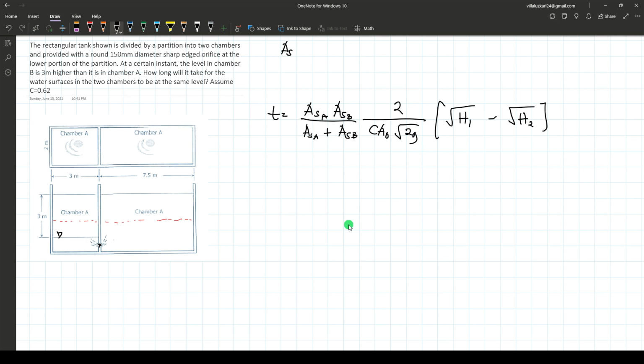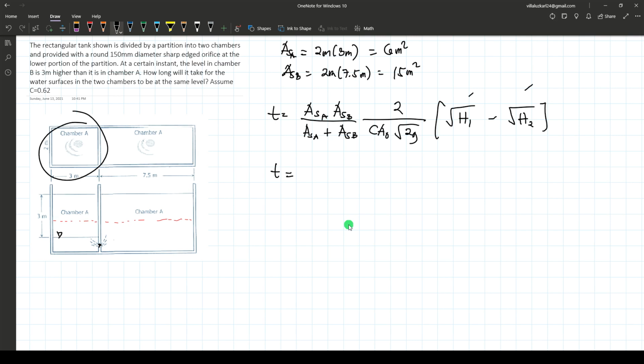So what are the surface areas? They are rectangular in shape. Surface area at A, the dimensions are 2 by 3, so 6 square meters. Surface area at B, 2 meters by 7.5, that's 15. For H1 and H2, H1 is 3 meters and H2 is 0 because they are at the same level.